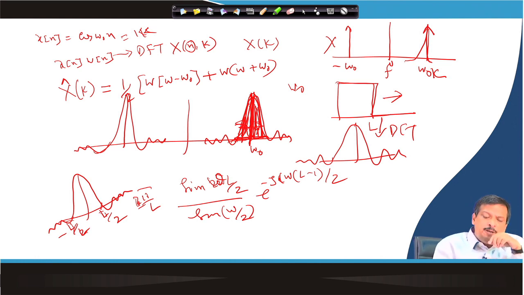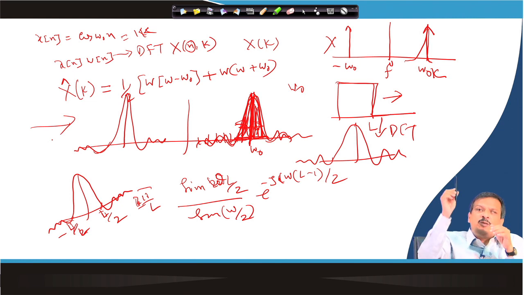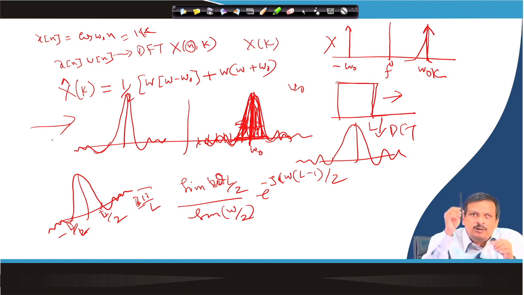And it also affects the side lobes, so those components also get power. So this is the power spectra. If I take the power spectra, instead of getting an impulse at a particular frequency omega 0, I get a main lobe width and then this kind of thing.